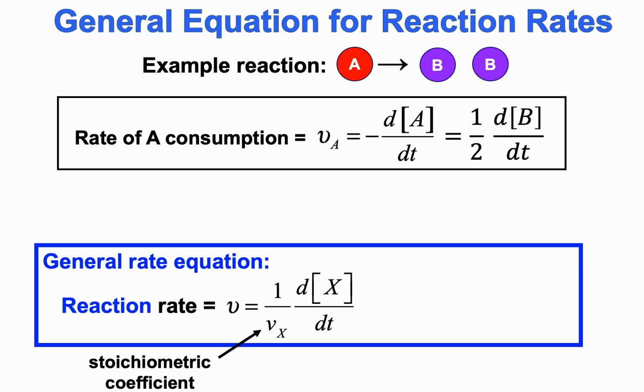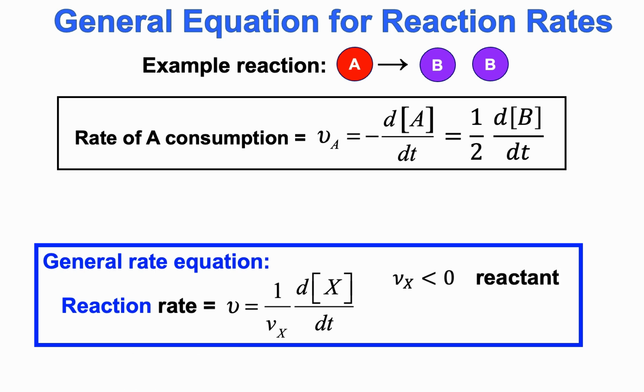And we're following the same convention that we've used in the past, where that stoichiometric coefficient is negative if we are dealing with a reactant, or positive if our substance X happens to be a product. And so this gives us a general way to describe the rate of a reaction in terms of either a reactant or a product concentration.